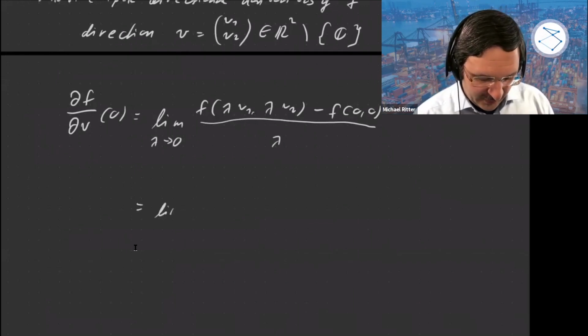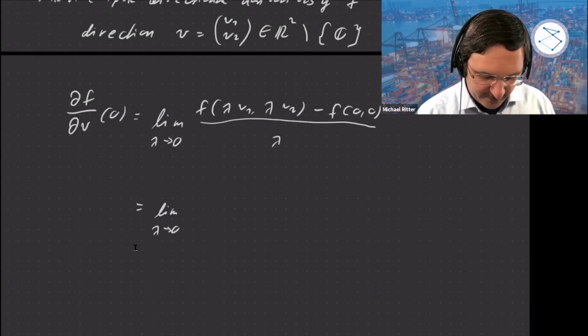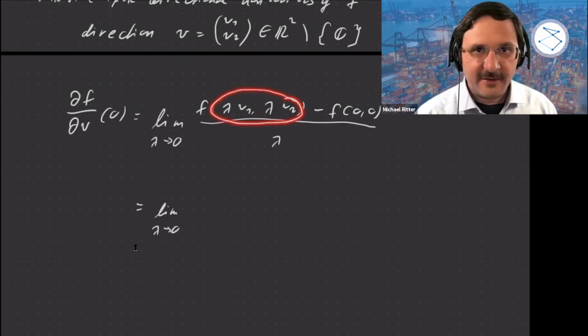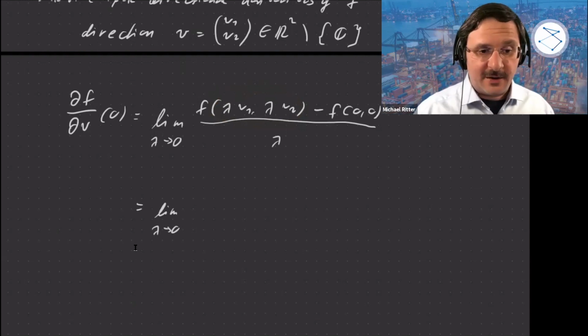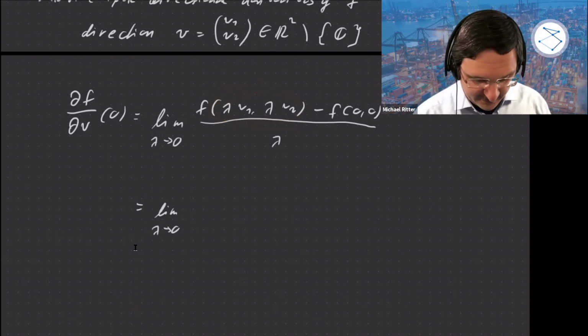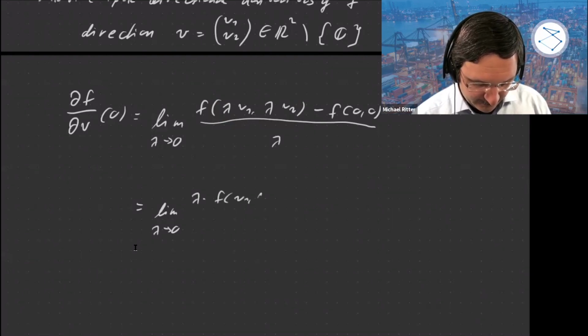Well, we know how to evaluate f along a line already. We find out that f of lambda times a vector is the same thing as lambda times f of that vector. So we can just replace that by lambda times f of v1, v2.